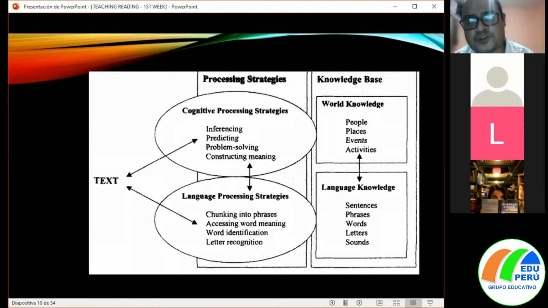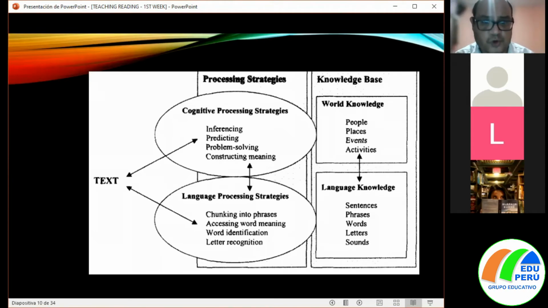And in the language processing strategies, we're going to use chunking into phrases, accessing word meaning, word identification, and letter recognition. In the cognitive, notice here, we have this process: infer, predict, solve problems, and construct meaning.